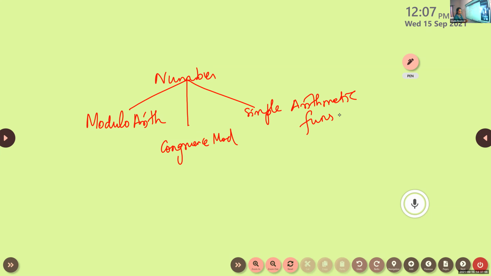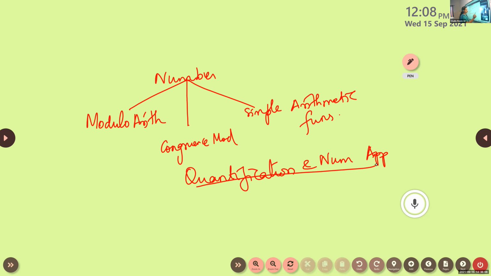And if you take the next part, quantification and numerical application. This is about the syllabus only. I'm giving this; you should know about this part. So here we have pipes and cisterns. Next is alligations, that is ratios and mixtures. In which ratio we have to mix, that is there. Then partnership is there.